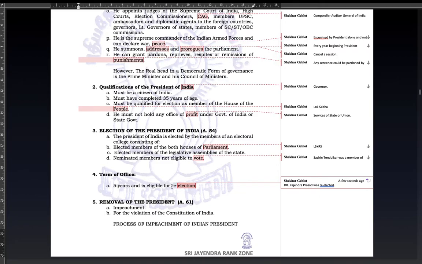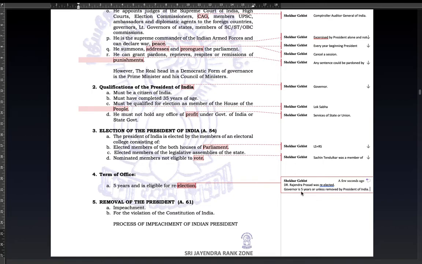We will not say eligible for re-election, because the governor is not elected. Governor is also for 5 years, unless removed by the President of India.